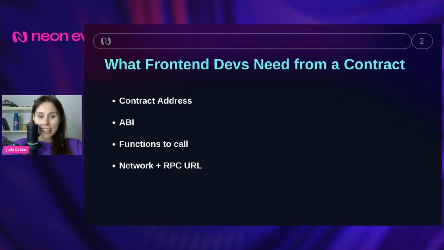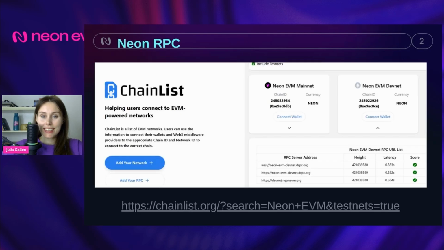And finally, we need the RPC endpoint, the network to which we are going to connect. And for this tutorial, we are going to use Neon DevNet. Neon RPC can be found in the documentation, of course.